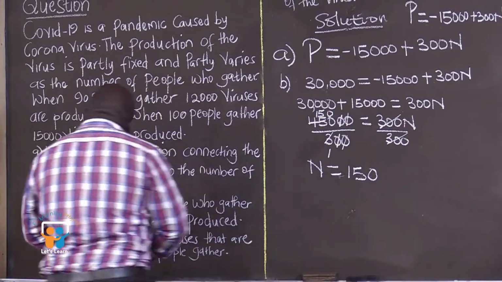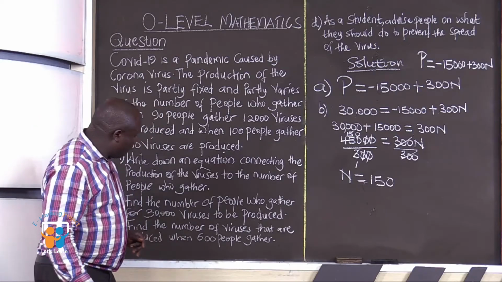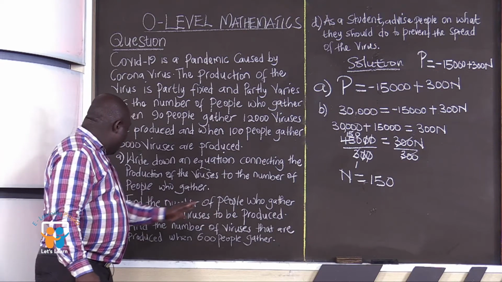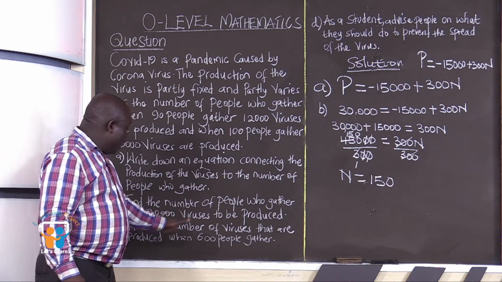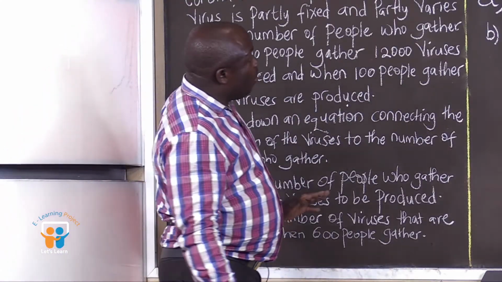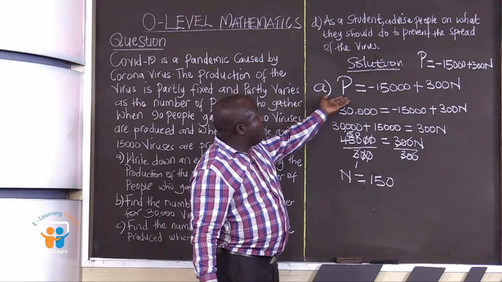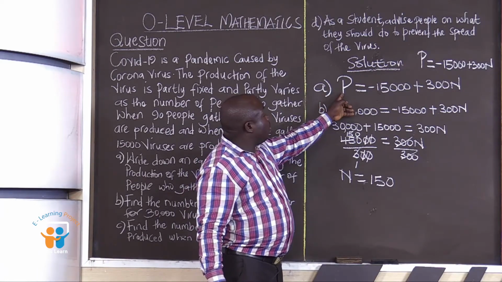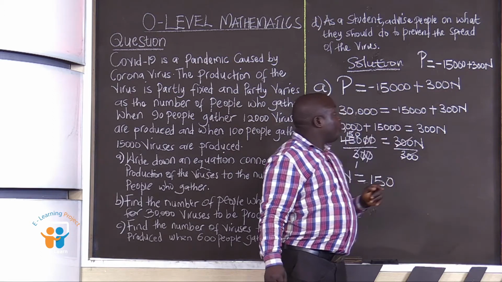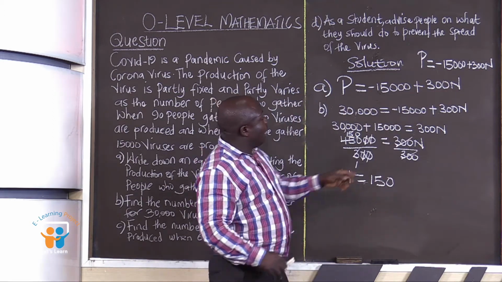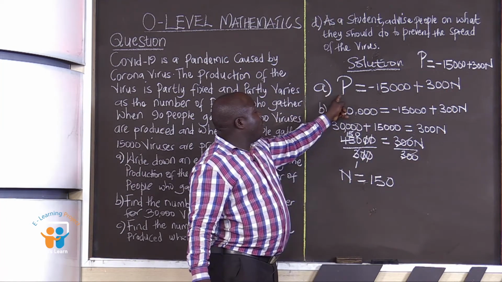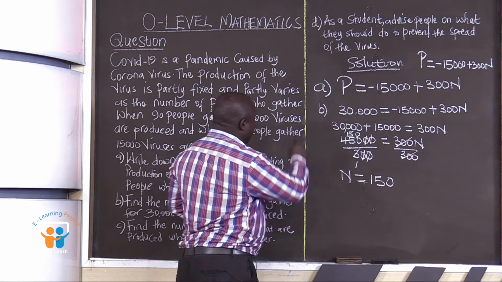Now part C is saying, find the number of viruses that are produced when 600 people gather. We are still thinking about our equation connecting the production of the virus to the number of people. Now the number of people is 600. We are looking for how many viruses will be produced.